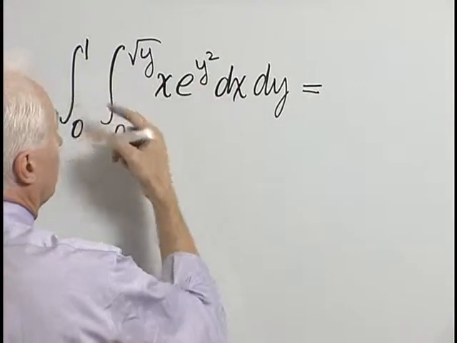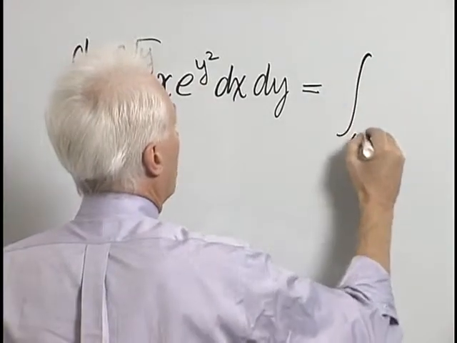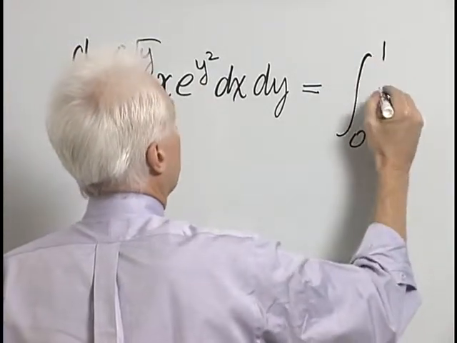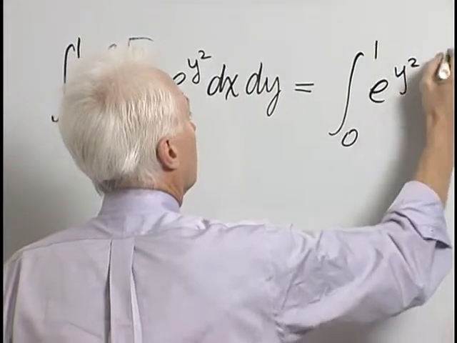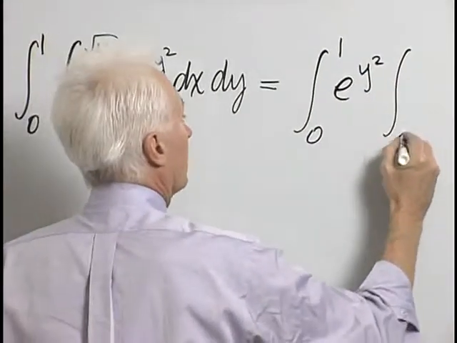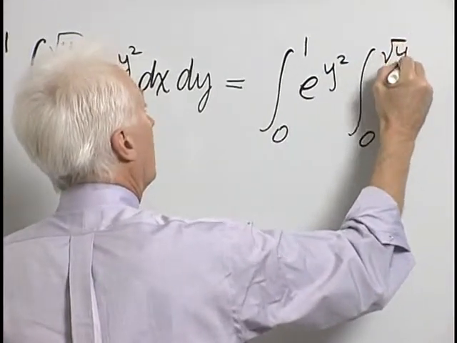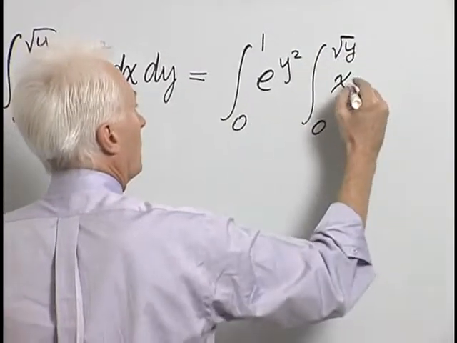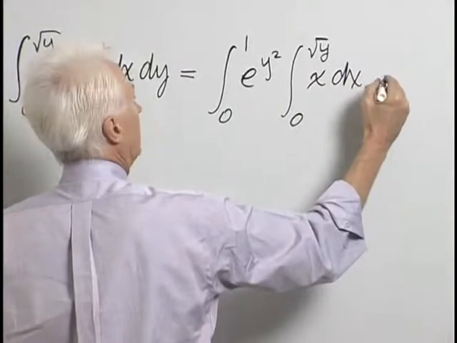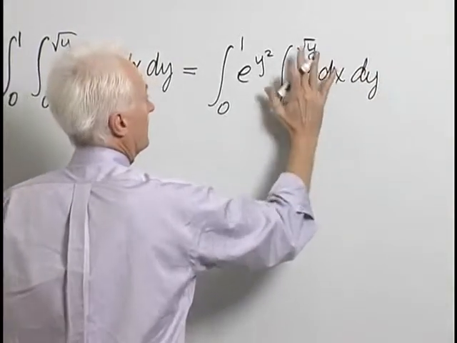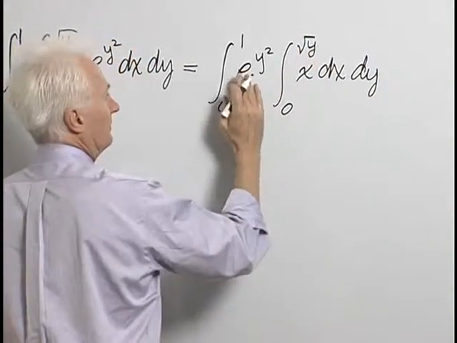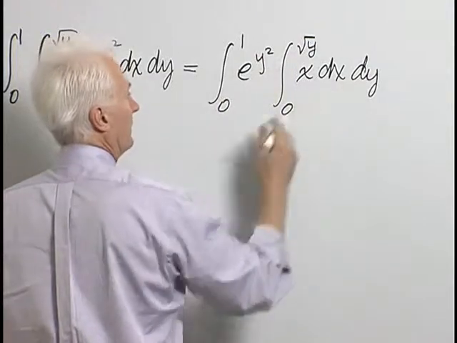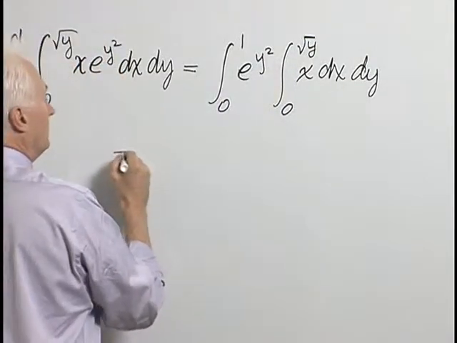In fact, we could pull this e to the y squared out of the inner integral to make it easier to look at what we have to do here. So we're just integrating from 0 to square root y of x dx, and then that result is a function of y, which multiplies the e to the y squared, and then we integrate against y.